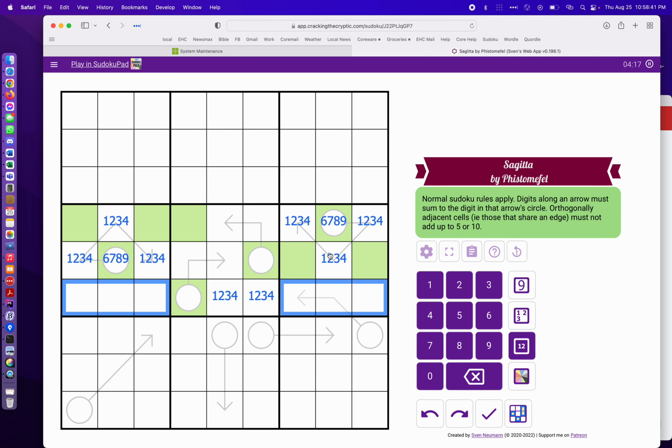So is it possible that this is the same as this? If it was, it would have to be the same as that. And that's not possible because the corresponding high digit that goes with this, it's not here, it's not here, and it's not here because it's adjacent and would add up to 10. So it's down in here.